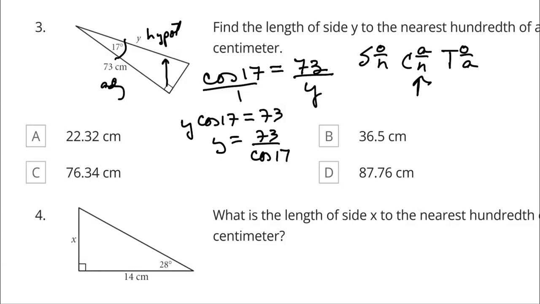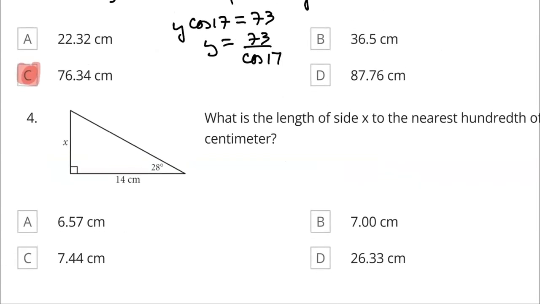Remember, you have to be in degrees. 73 divided by the cosine of 17 should give you 73.64. So check that with your own calculator so that you know that you are getting the right answer. Don't just copy down my stuff.